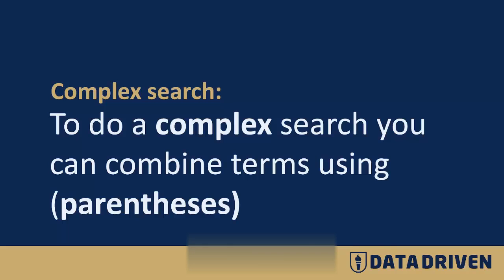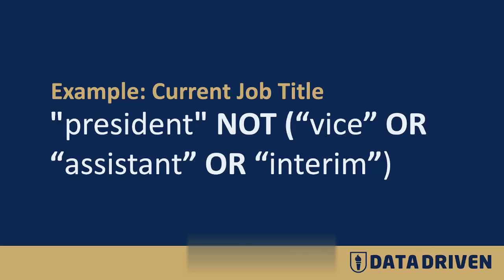Then there's complex search. This is going to let you combine terms, and you're going to be using parentheses to do that. An example would be current job title, president, NOT, and then you have parentheses, vice or assistant or interim. This is kind of like Algebra 1, order of operations, parentheses help LinkedIn know what you want to do.